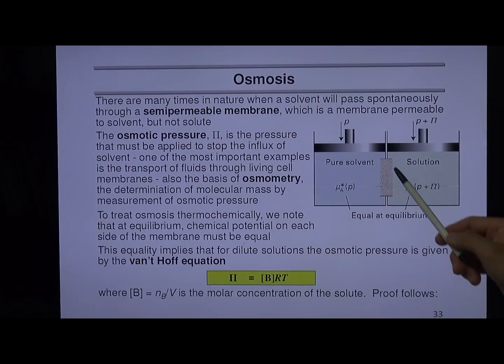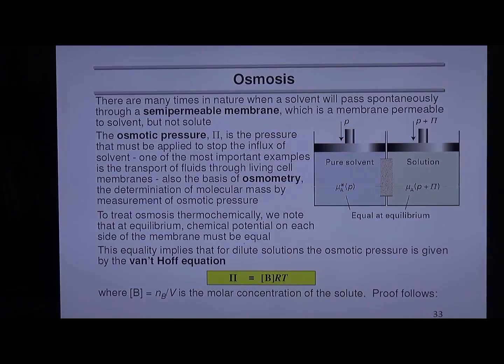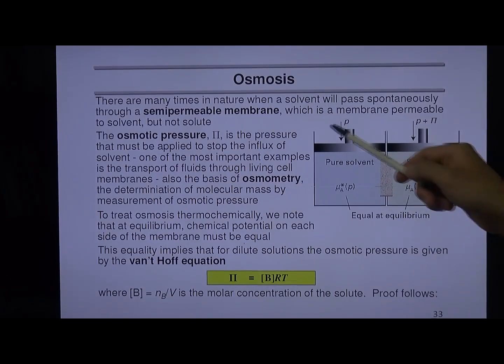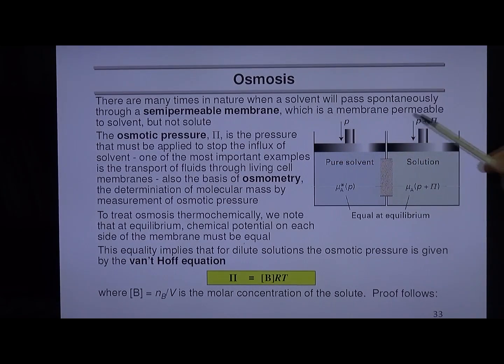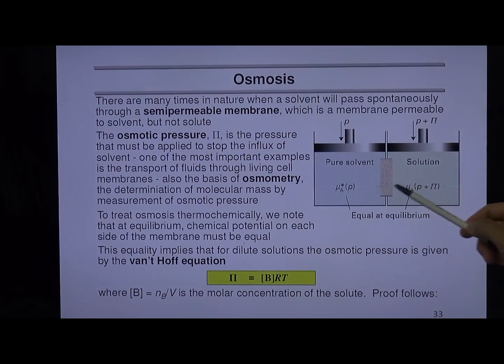And let's say that we have some membrane between these two solutions, which is a semi-permeable membrane. This semi-permeable membrane is permeable to solvent but not to solute. Only solvent molecules can go through this membrane.